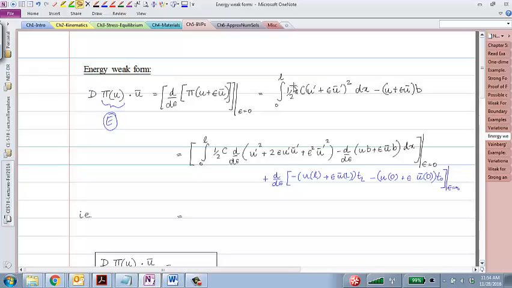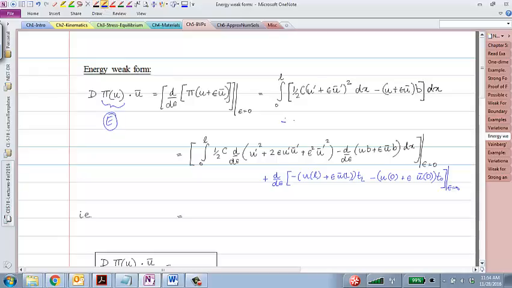This entire thing goes in the square bracket, times dx, and I have the boundary terms.